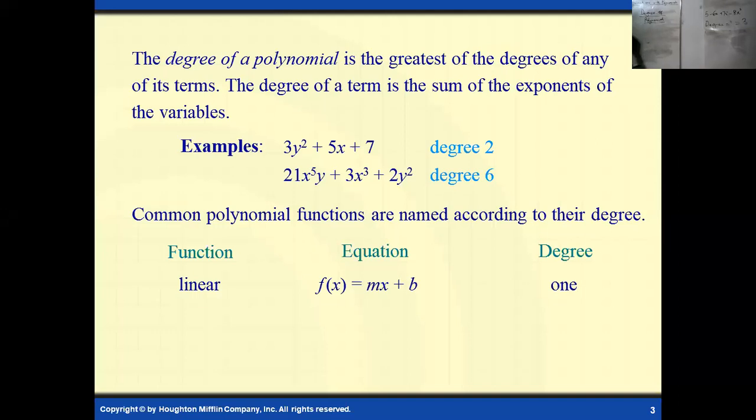You have 21x raised to power 5y plus 3y cubed plus 2y squared. Here, the degree here, very good, Kuwam. The leading degree here, who can tell me the leading degree here?